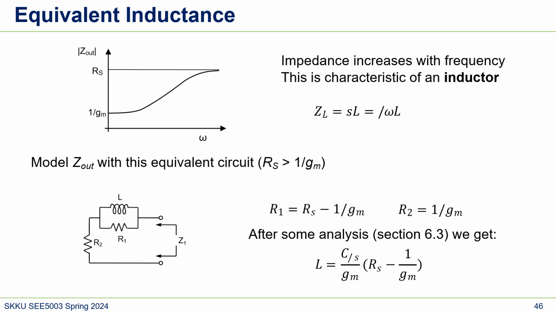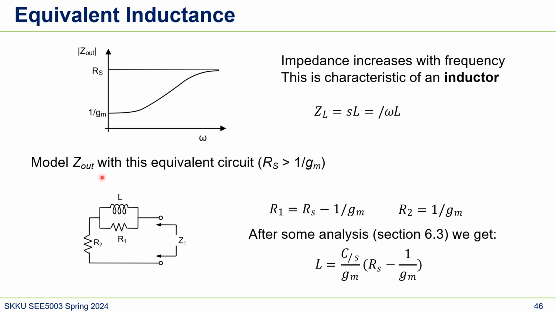It turns out when frequency is higher, the impedance getting higher or larger, it's an inductor characteristic. So you see the inductance characteristic looks like this. It's SL, and then j omega L.